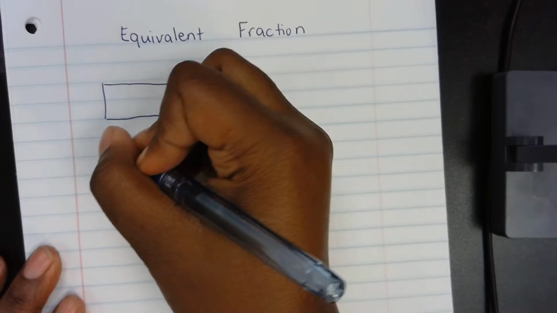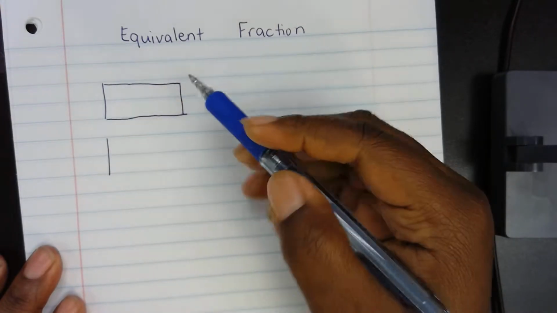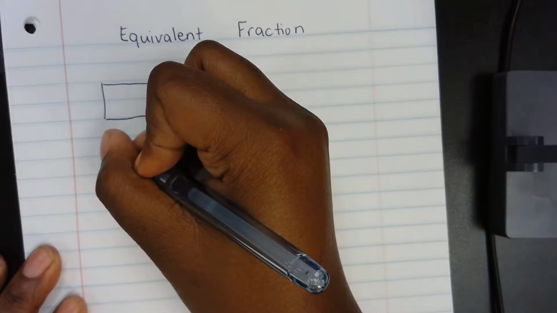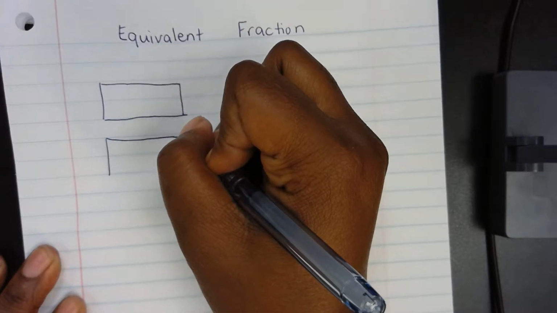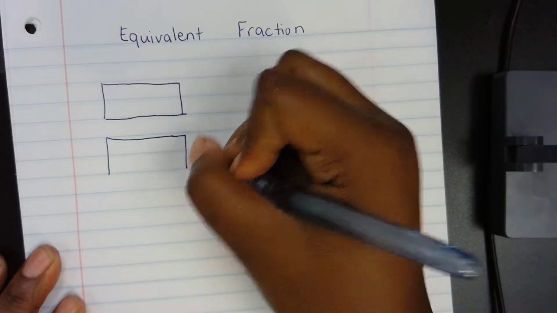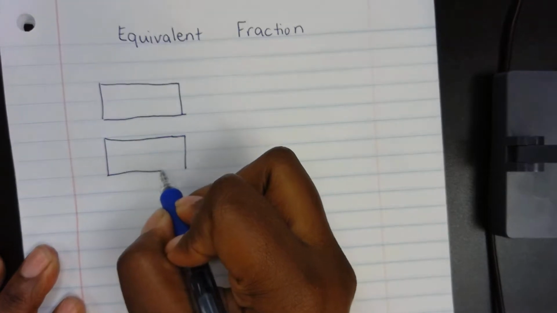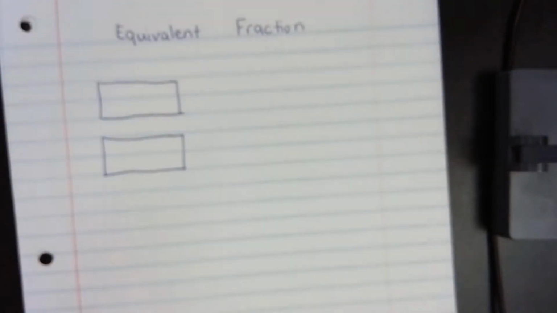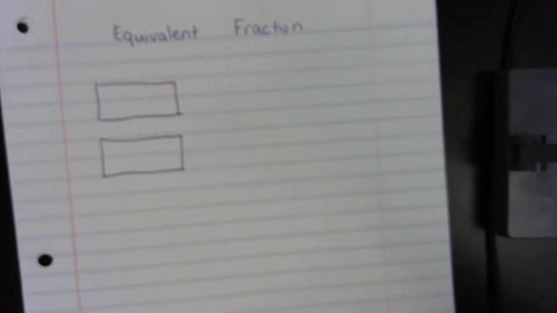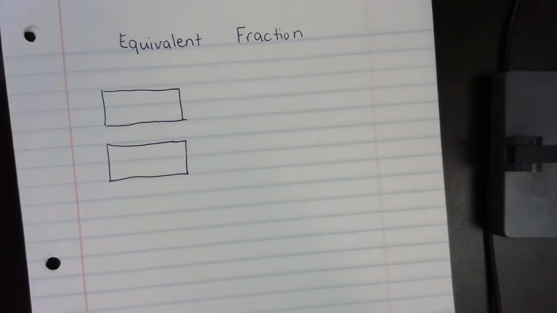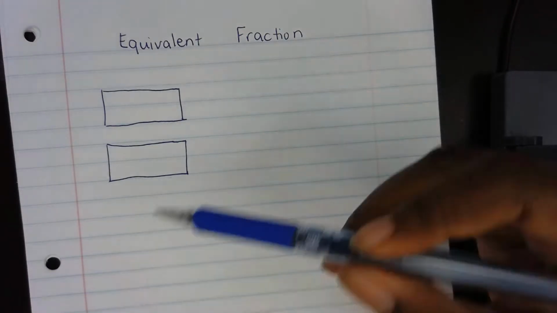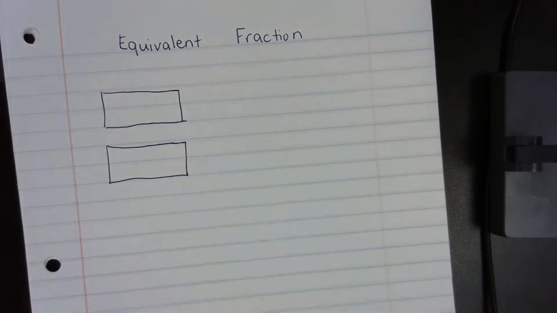I normally like to draw them on top of each other and use the lines on my notebook paper, because that helps me make sure that my rectangles are very similar so that I can compare them. Okay, so we want to start off with having the same whole. It's like if you had a candy bar. If your little brother has a king size, but you have a regular size candy bar, it's not really comparing the same thing, is it? No. So you want to make sure it's the same size.